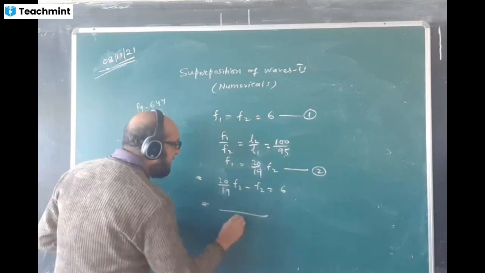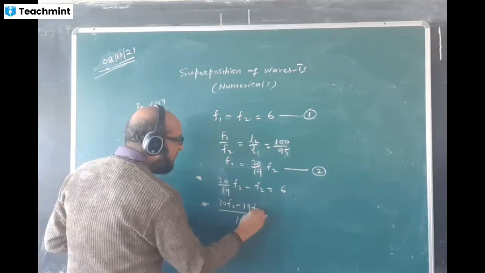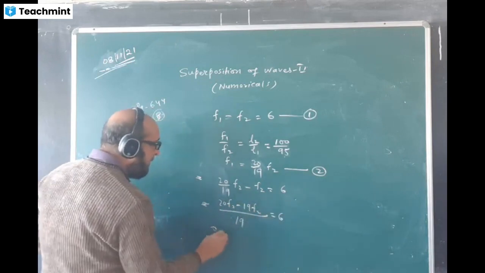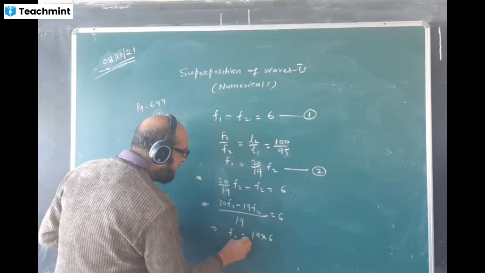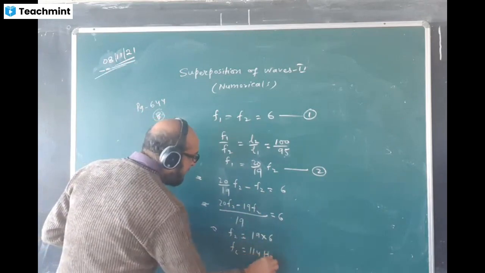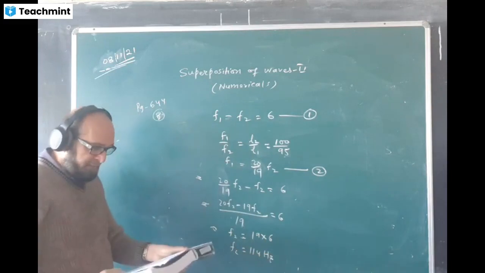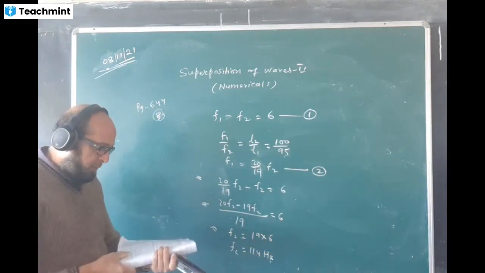Now I'll find the answer. 19 is the LCM. 20 F2 minus 19 F2 equals 6. So F2 is coming 19 into 6, which is 114 hertz. This is the value of F2.